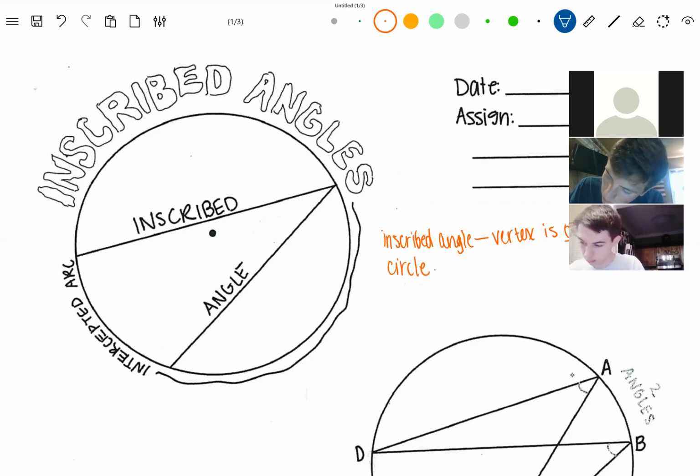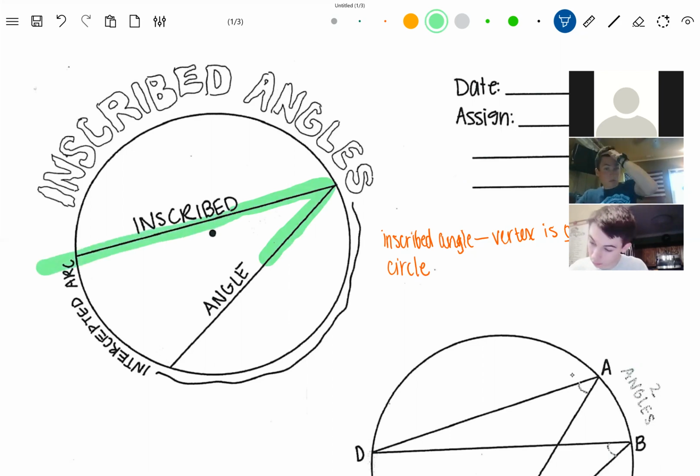Even if they only drew this part of the angle, since the vertex is on the circle, you can extend these sides to figure out what the intercepted arc is. The intercepted arc is where the angle cuts off the circle. So this right here is the intercepted arc.